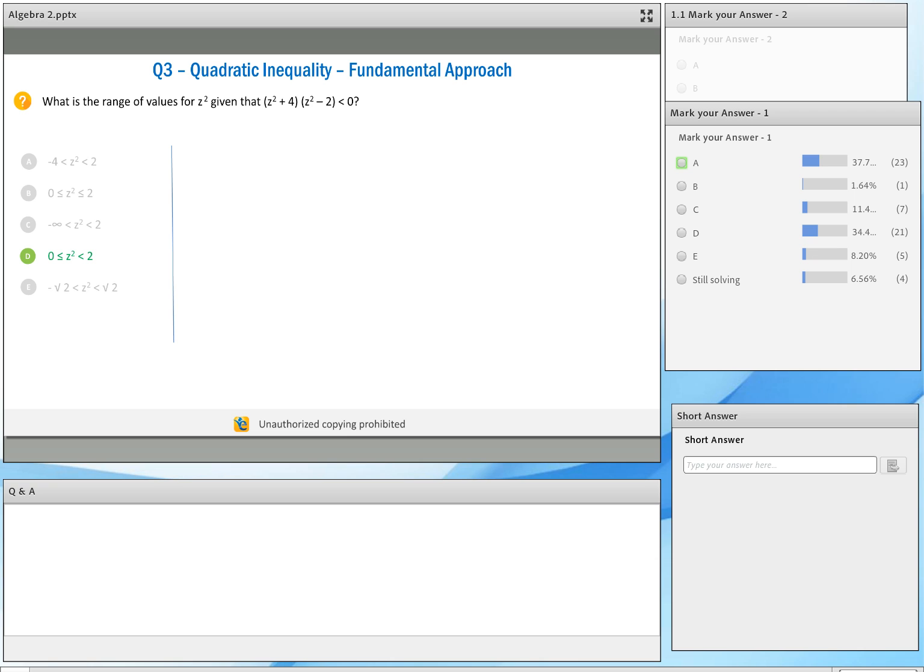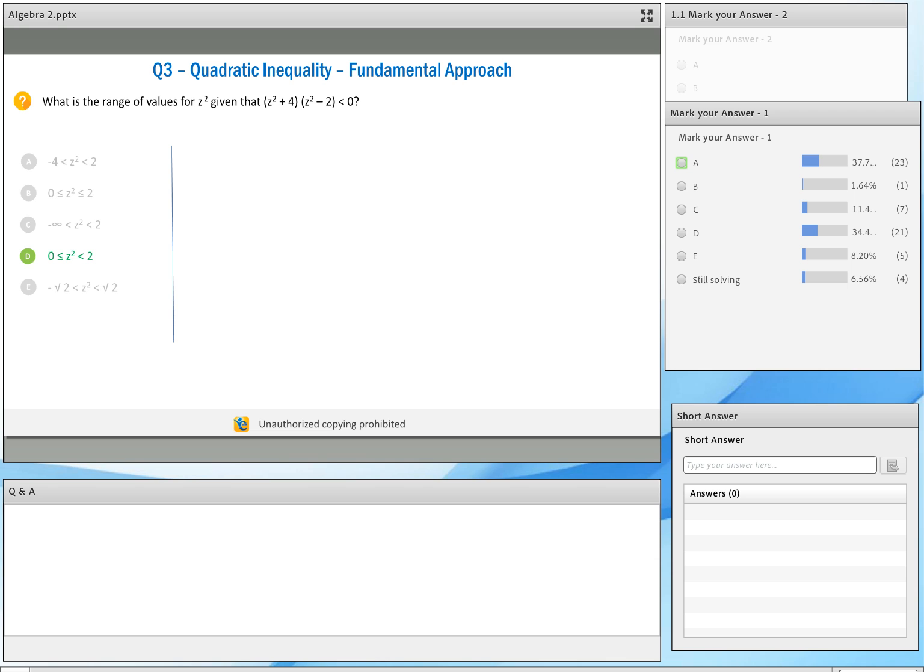All right, so let's go back to question number 3. What is the range of values of z square given that (z square plus 4) times (z square minus 2) is less than 0? You can solve this question with both the wavy line method and the fundamental approach. I'm going to be using the fundamental approach here because many of you don't know about the wavy line method.